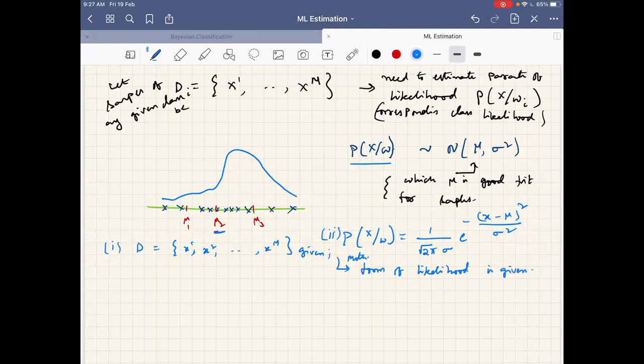Given these two, the question is, what is the best mu? Assume that sigma square is also given, for the time being.